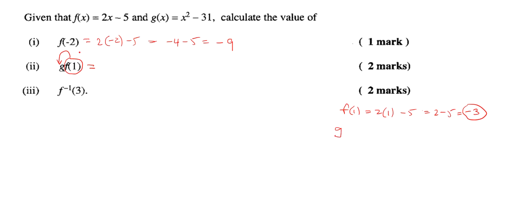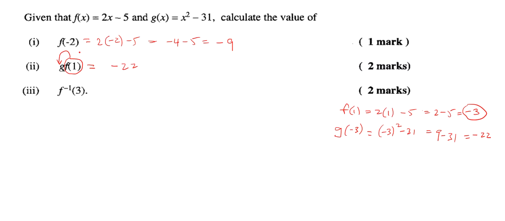So we're going to say g of minus 3, which would be minus 3 squared minus 31, which is equal to 9 minus 31, and we get minus 22. So the answer for this is minus 22.